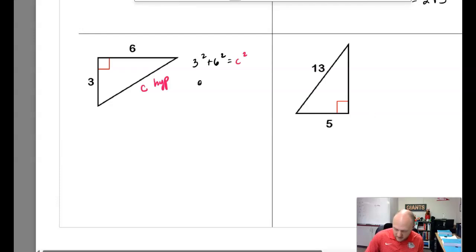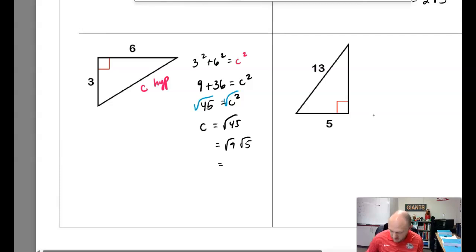So we would have 9 plus 36 is equal to c squared, which gives us 45 is equal to c squared. And we'll take a square root to give us c is equal to the square root of 45. Now I know there's a 9 in there, square root of 9. So that is 3 square root of 5. Did you get 3 square root of 5? Awesome. Good job.